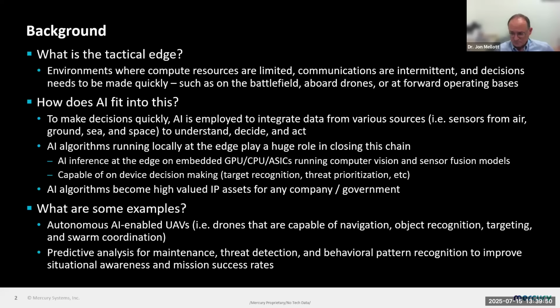Generally speaking, some of those threat models don't exist at all in defense applications and in typical edge applications. Rather, the physical threat, which doesn't exist in those commercial applications, becomes much more important.